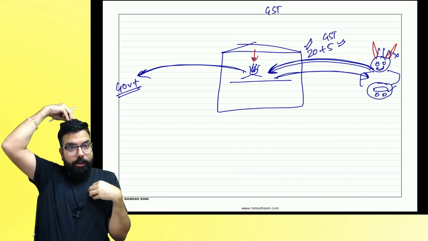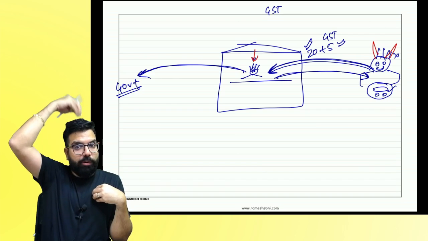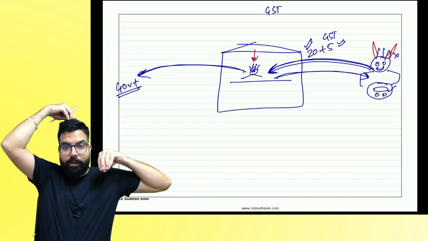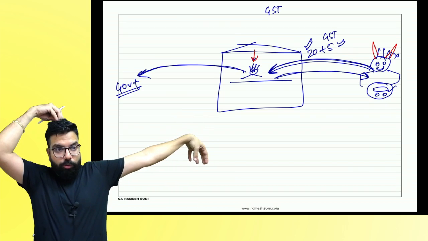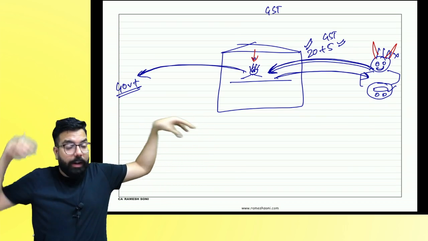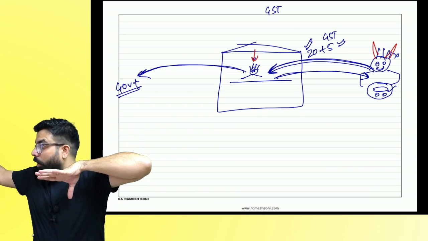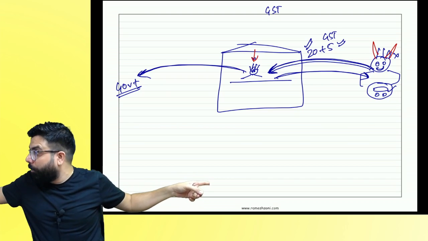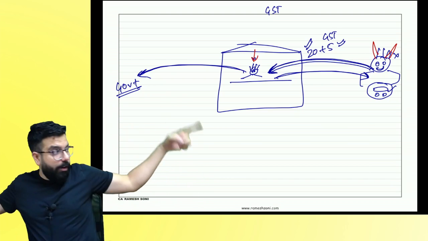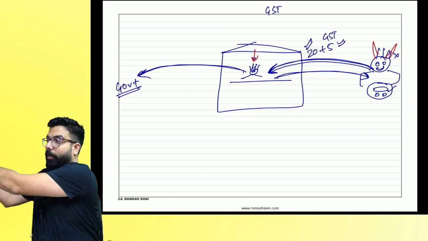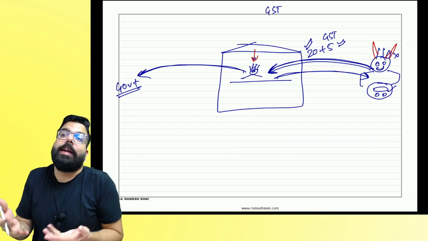Government told Ramesh, whatever goods and service you are selling, you have to collect GST. But I made the consumer the ultimate bakra, from whom I will collect and give it to the government. So indirectly, you are paying to the government, not directly. You are paying through me. So it is called indirect tax.